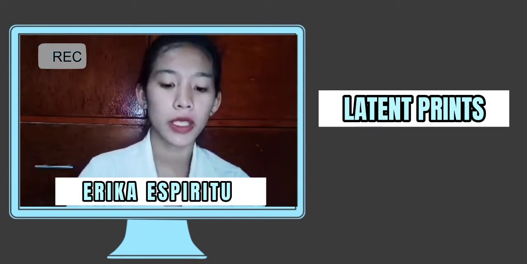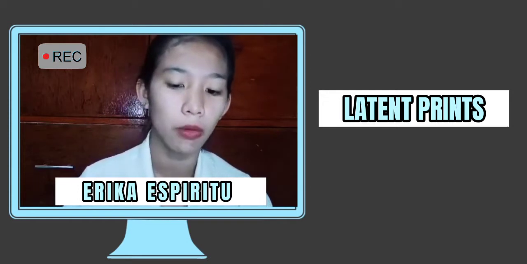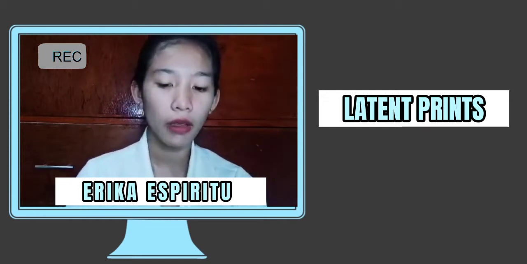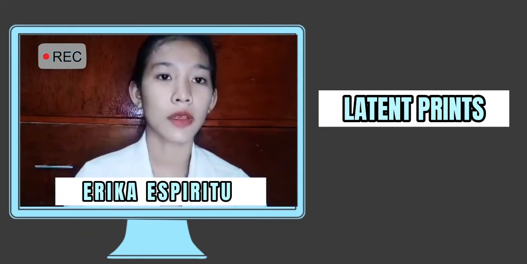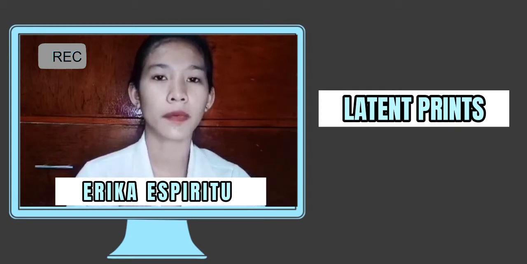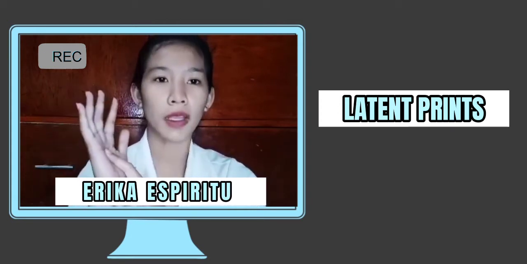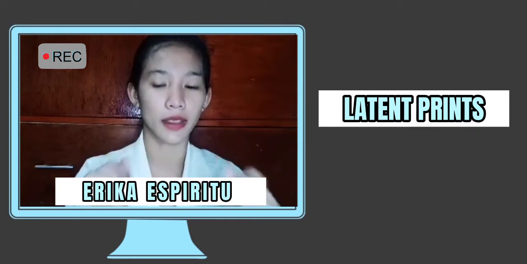Yung semi-visible prints, ito din yung bumabakat din siya at medyo madali din siyang makuha. Kasi nga, kunyari, yung melted na candles, yon, example na yon. Di ba pag piniga natin yung melted na candles, di ba bumabakat yung mga daliri natin? Syempre, nakakopya niya mismo yung fingerprint natin.